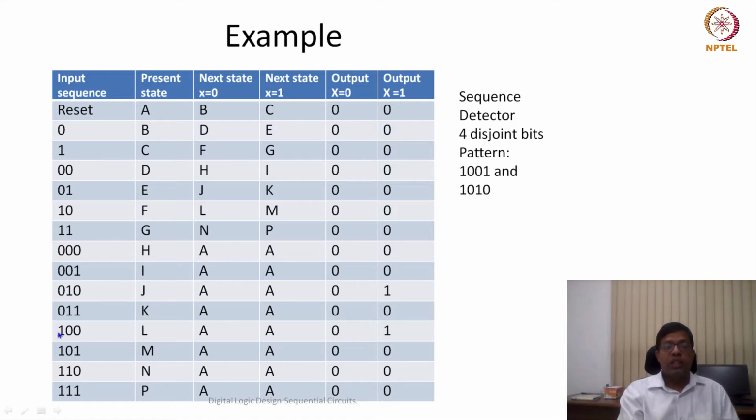So when the past sequence is 1 0 0 and the current value is 1, then the output is going to be 1. In all other cases, so this represents all the 16 scenarios, in all the 8 remaining scenarios the output is going to be 0, so it's going to be 1 only in these 2 cases.